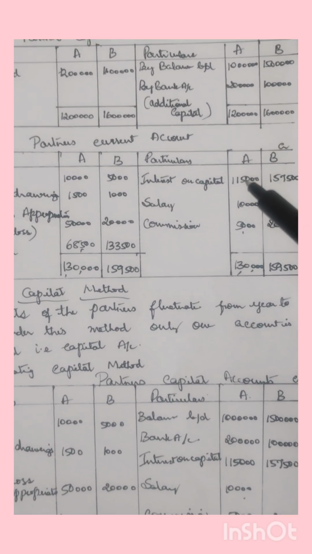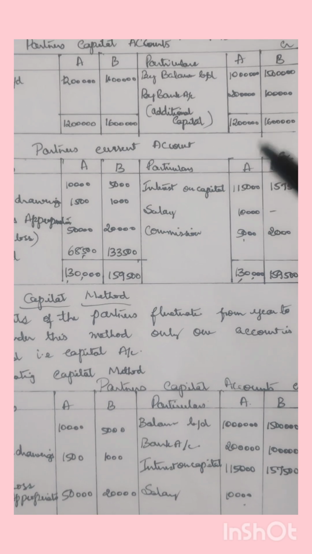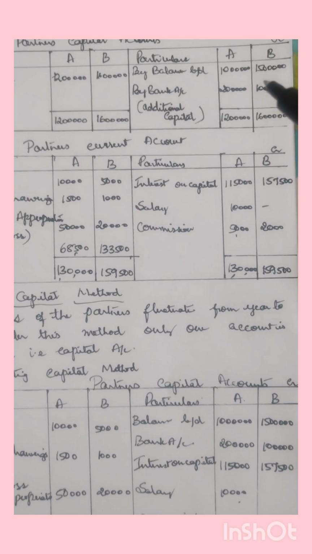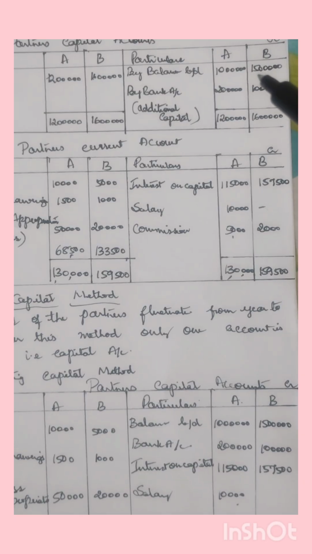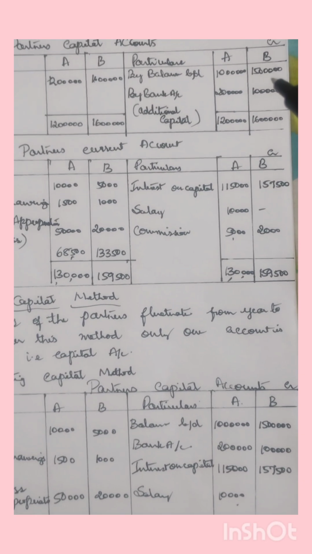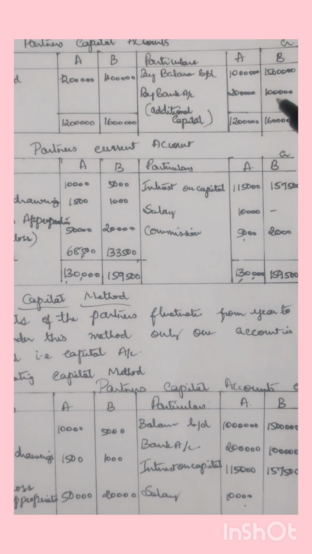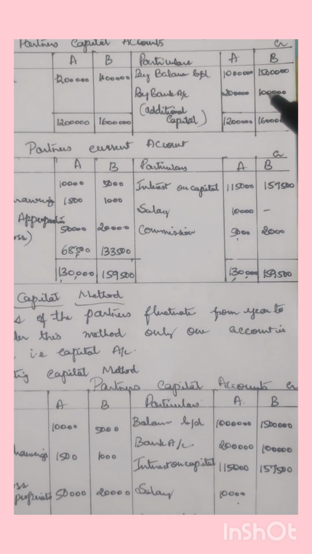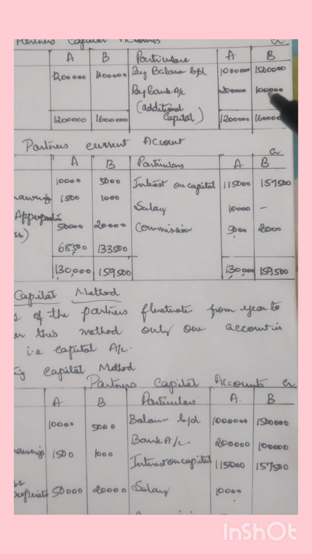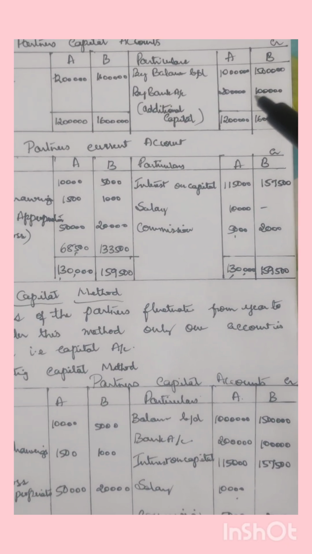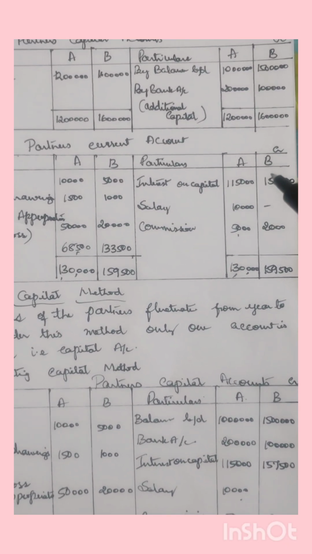So that is the amount of interest on their capital. The calculation is given here. B has contributed 15 lakh into 10% plus his additional capital of 1 lakh into 10% into 9/12, because he brought additional capital on July 1st. So these are the amounts.